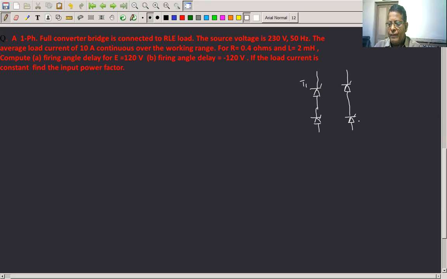T1, T2, T3, T4. This is A. This is B. Here it is the RLE load.